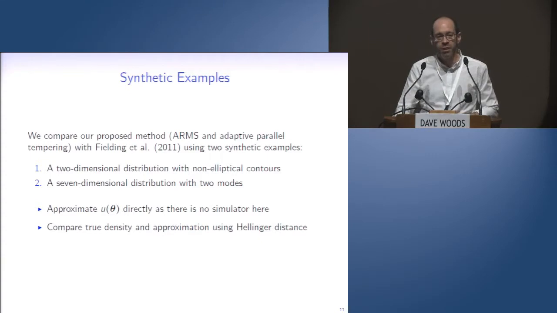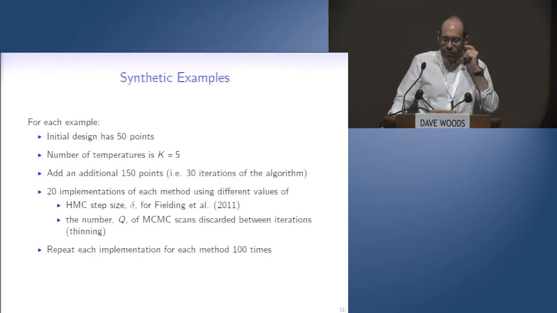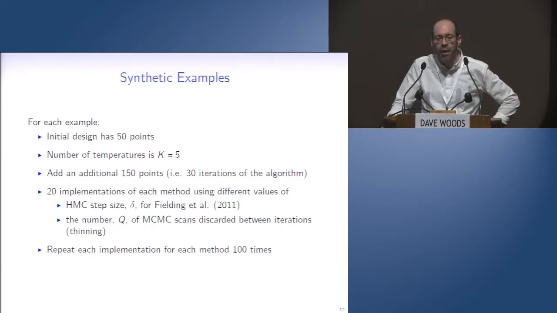And we can compare the true densities and the approximations we get using the various methods using the Hellinger distance. So for each example, we have an initial design which has 50 points, and for our parallel tempering, we're going to use 5 temperatures, and then we'll do 30 iterations of the algorithm to add 150 different points.